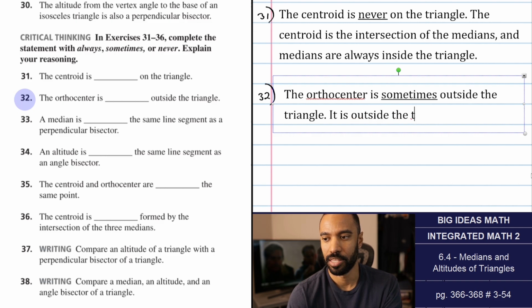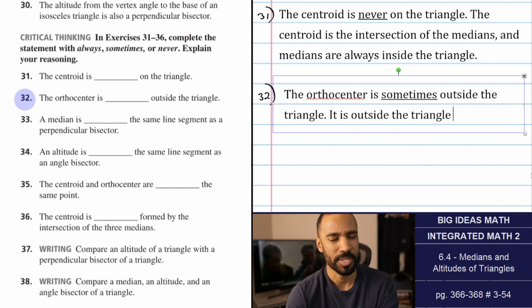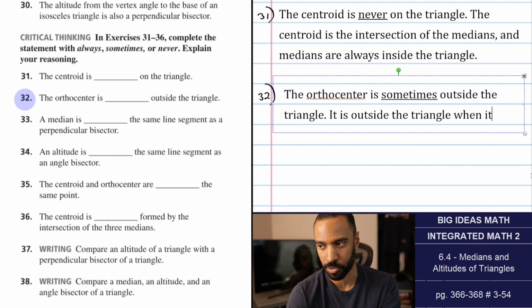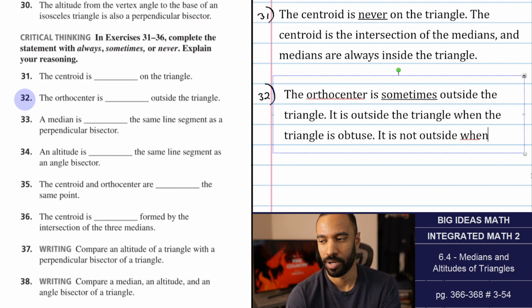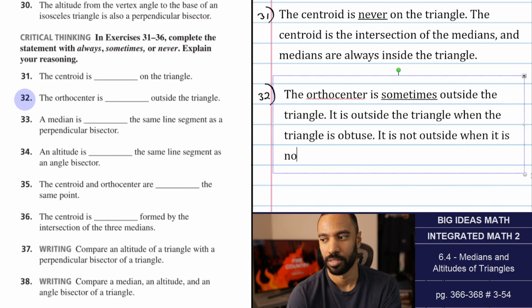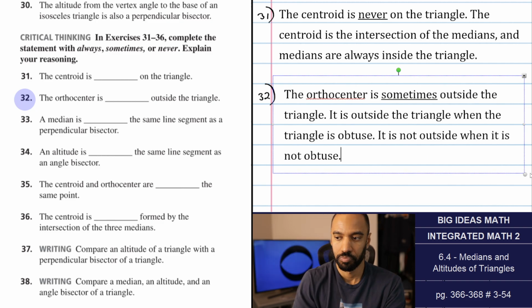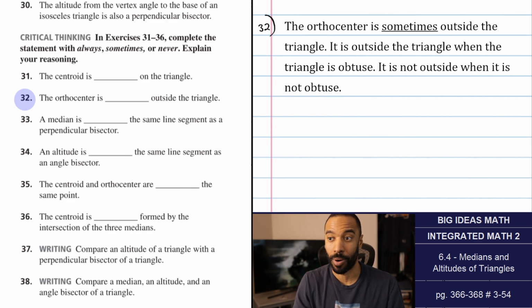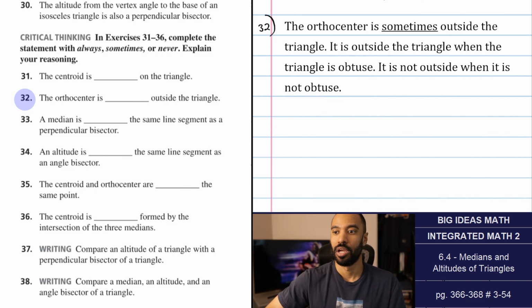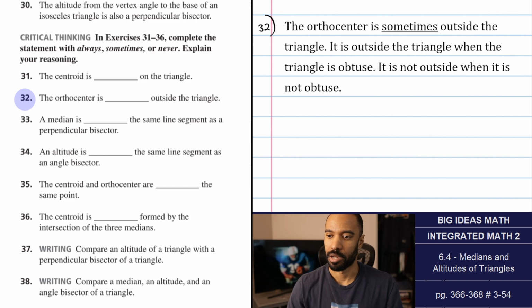It is outside the triangle when it is obtuse. It is not outside when it is not obtuse. Clearly stated. I mean, you'd have to be aware of that knowledge.